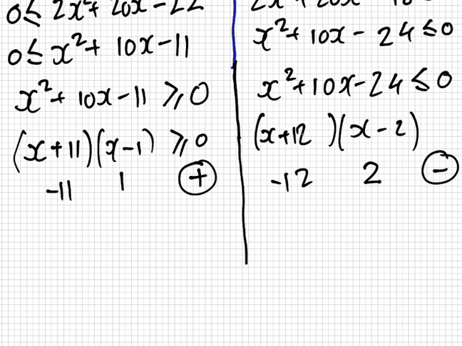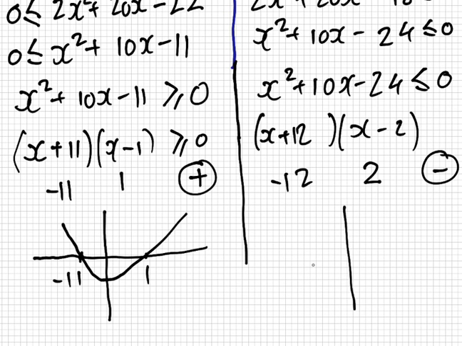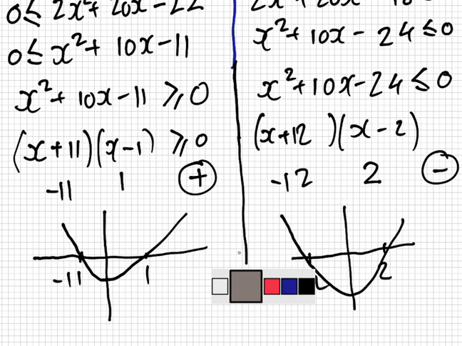So we can draw our graphs. So just roughly, minus 11, 1, and the graph is there. And then here, minus 12 and 2, and again there's a graph. So for the graph on the left, we want positive.